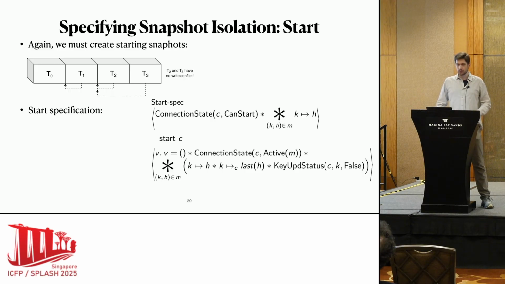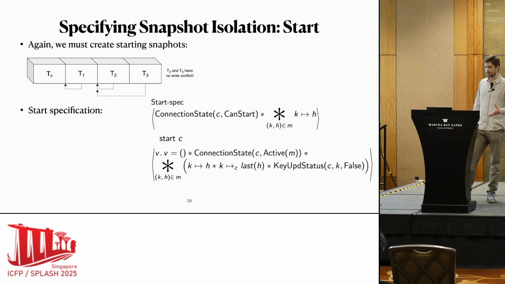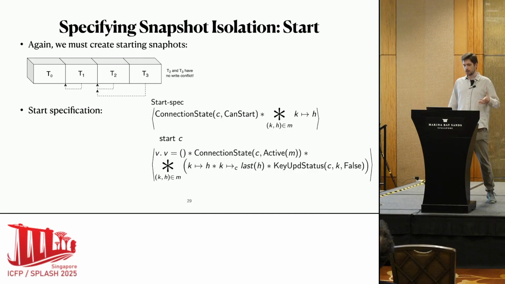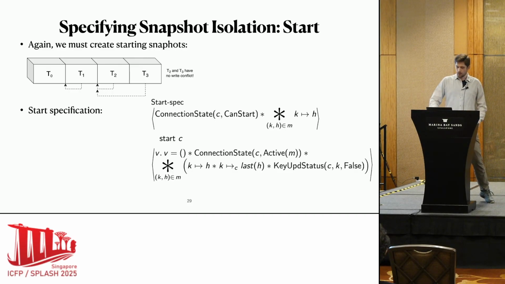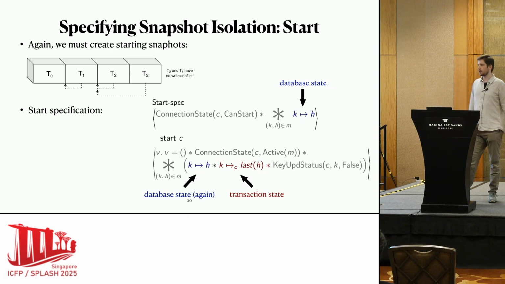Again, just to emphasize, starting is about creating starting snapshots. And as you see, there's a lot going on in this start specification, but let's just focus on how these resources are used. In the precondition, we have the global database state. This will often reside in an invariant such that many clients can actually create transactions concurrently.